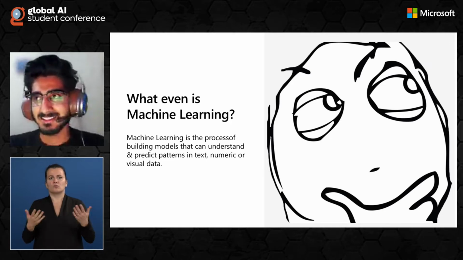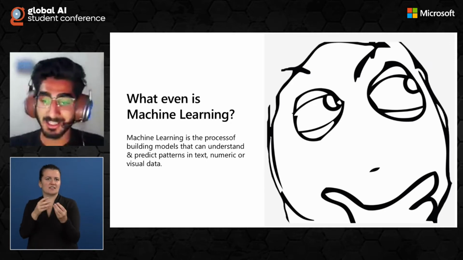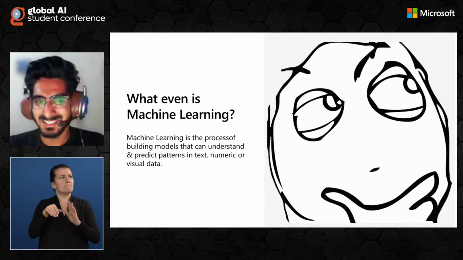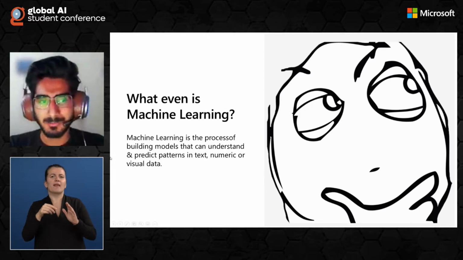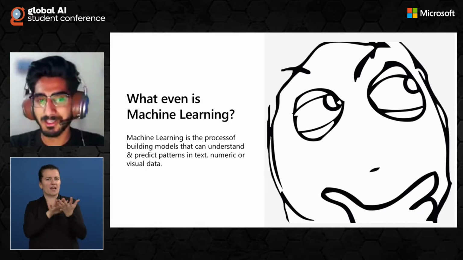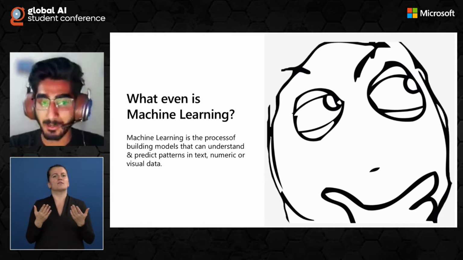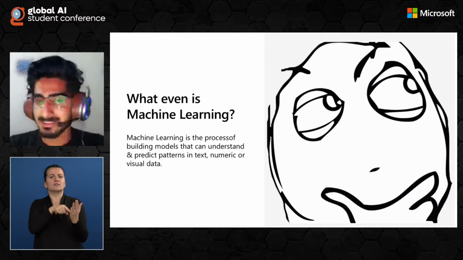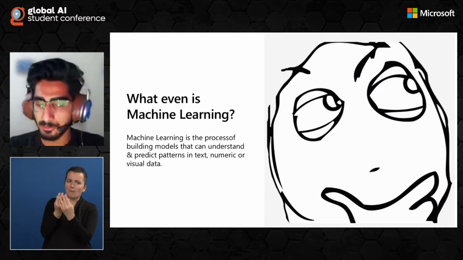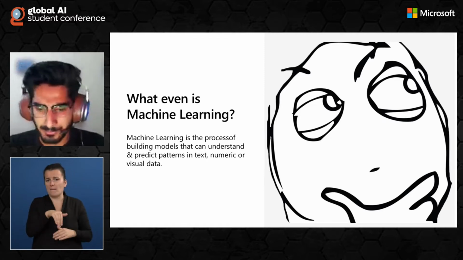That is the very first thing that comes up if you search what is machine learning, and it can get a bit tedious. I've simplified it for you. Machine learning is the process of building models that can understand and predict patterns in text, numeric, and visual data. It doesn't have to be just numbers, or just images. It covers a very broad perspective.